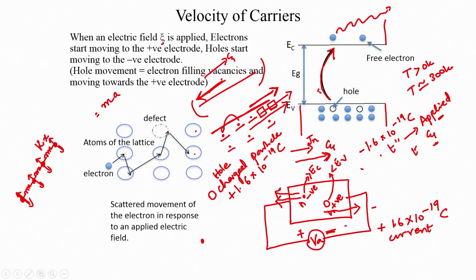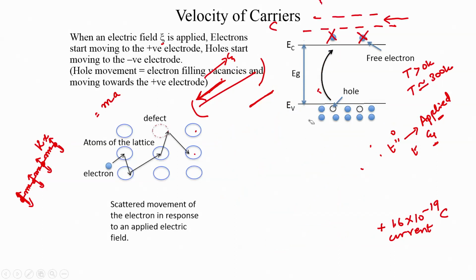And since you have the positively charged holes running in this manner, you will have a current due to the holes also moving from the positive side of the battery to the negative side, and therefore the hole current and electron current would add up to constitute the total current in response to the applied electric field.